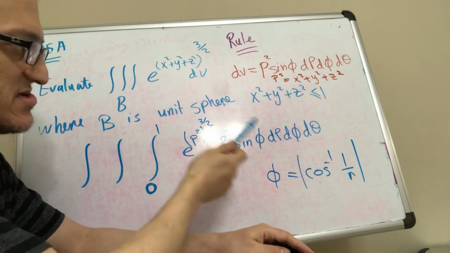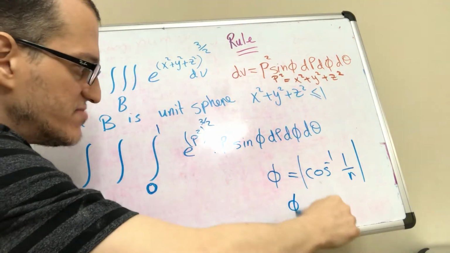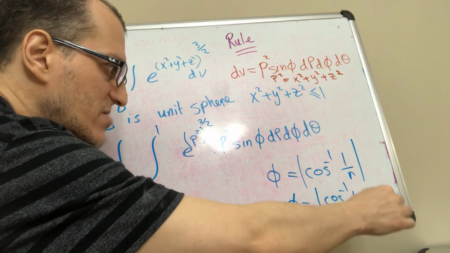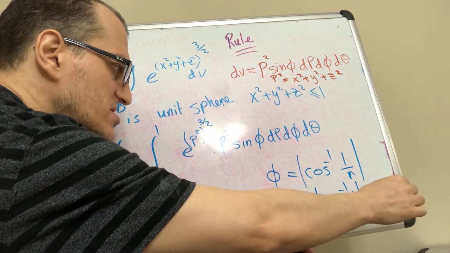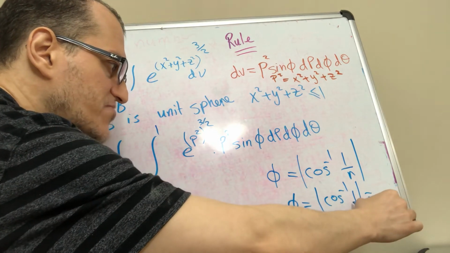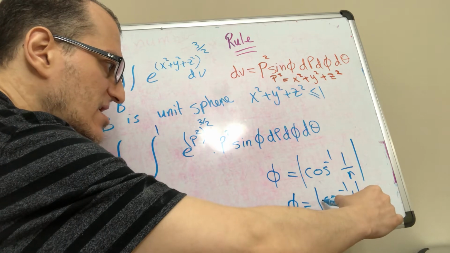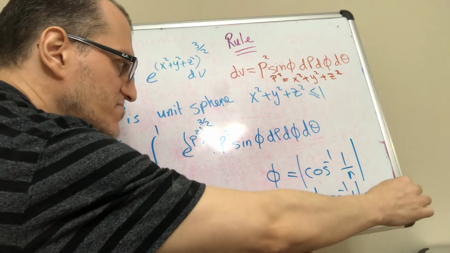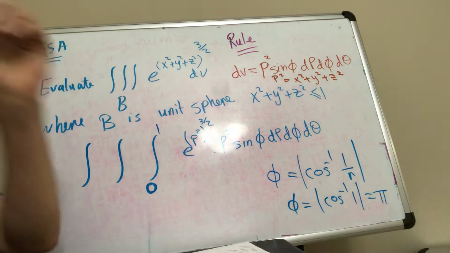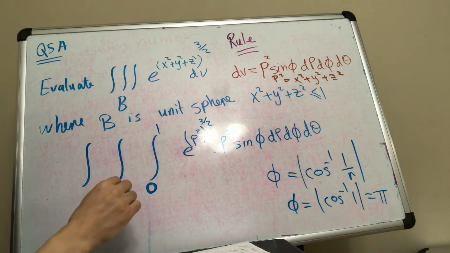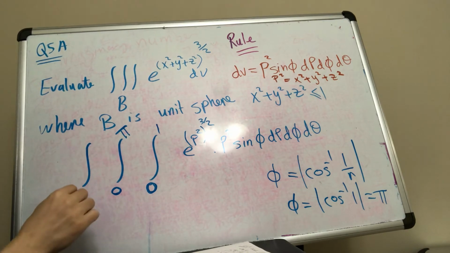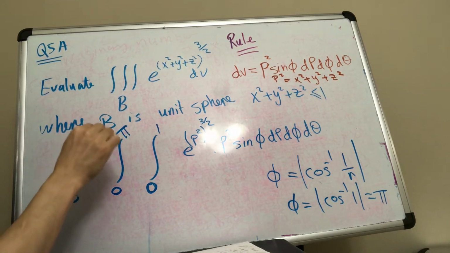And since your radius is 1, it would be cosine inverse of 1 over 1, and that would be negative pi, and this would be pi. So this will give you eventually pi. So I know that my angle is from 0 to pi. This angle 2 is very straightforward. It's just a complete circle.